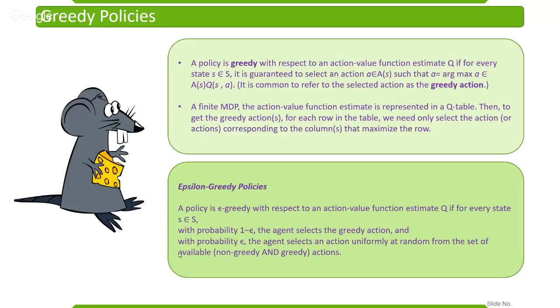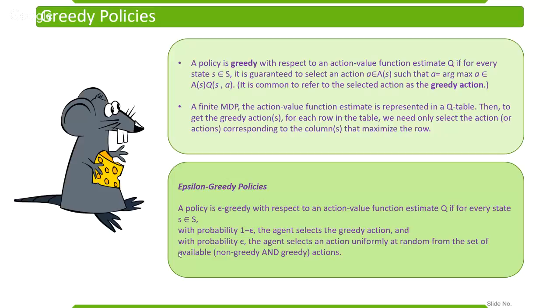So when you choose an action, you introduce a value epsilon, and using that value, you are shifting your choice of actions towards a random set of actions which are non-greedy as well as greedy.